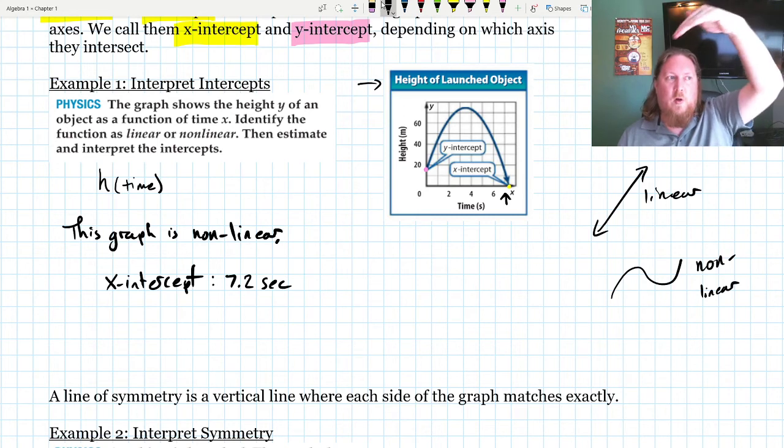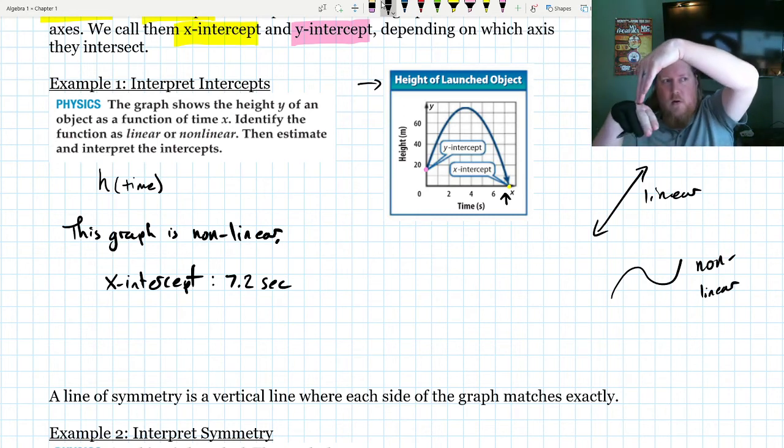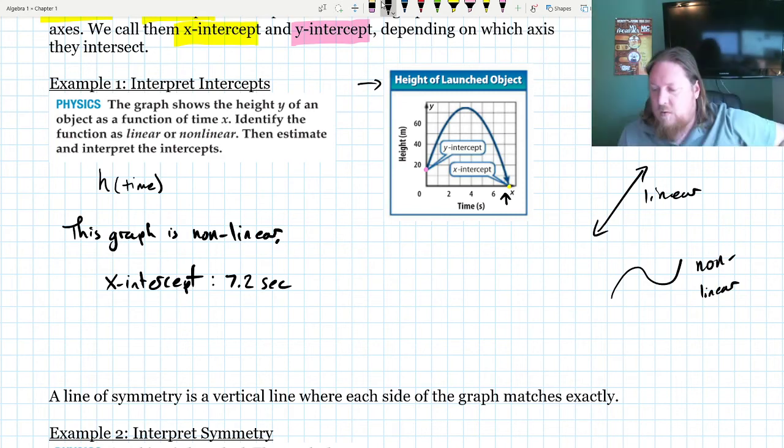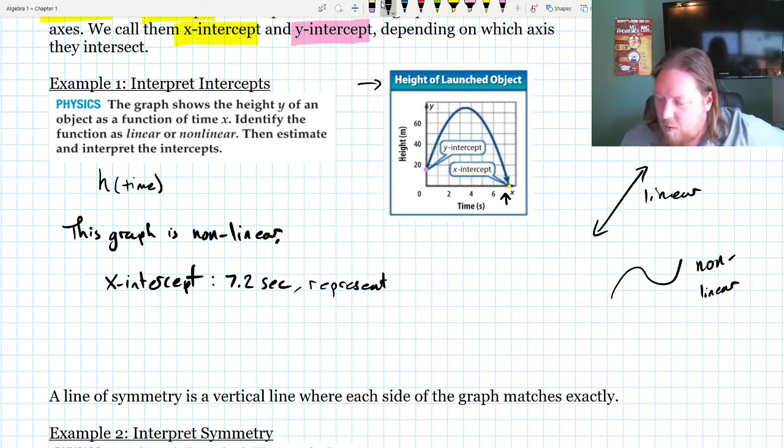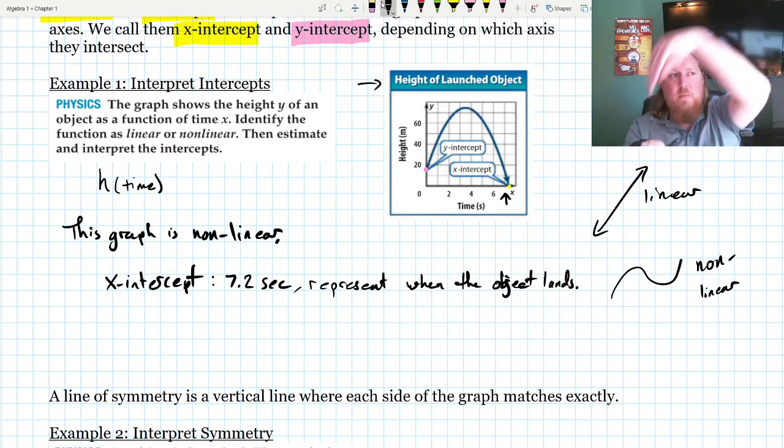Well, what happens when it goes back down and hits when the height is 0? Well, when height is 0, that's the ground, right? So 7.2 seconds represents when the object lands, because it came back to the ground.